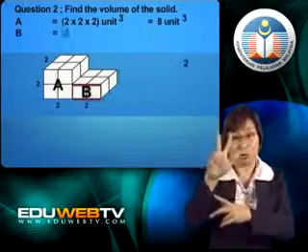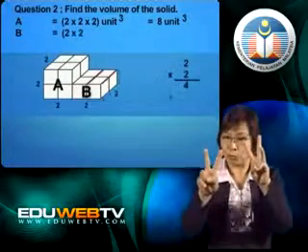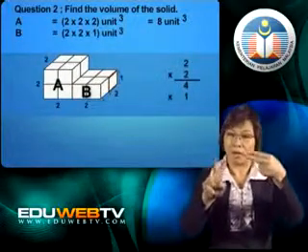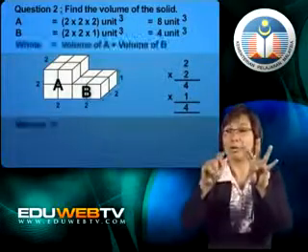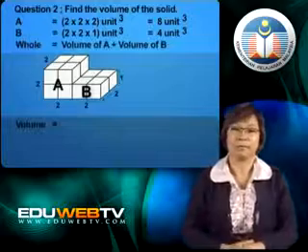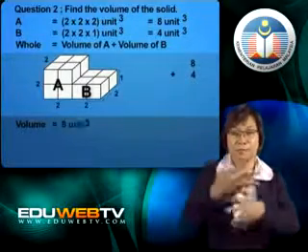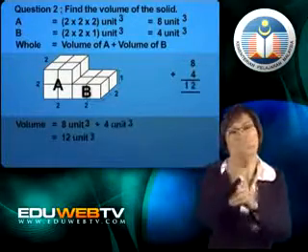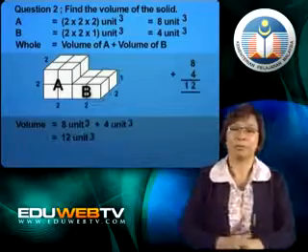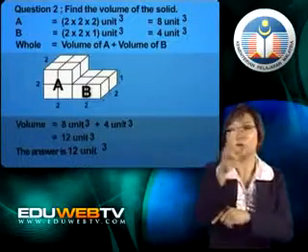For B, 2 unit cubes of length, 2 unit cubes of width, and 1 unit cube of height, which is equal to 4 unit cubes. To get the whole, add 8 to 4, which is equal to 12 unit cubes. The answer is 12 unit cubes.